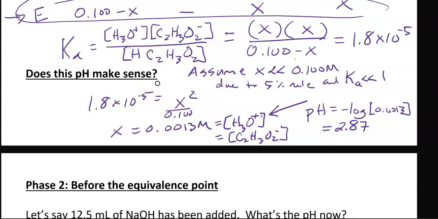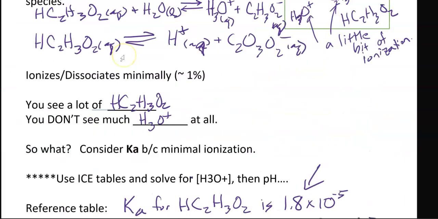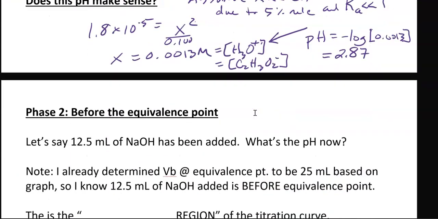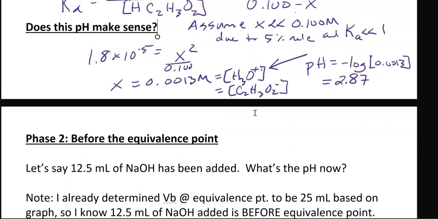Well, if you think about what's happening, initially, we have a weak acid. So we're here. And it would make sense that our pH is in the acid range, but maybe not quite as low as if it were a strong acid. So this is quite acceptable because we have a weak acid, which will have a higher pH normally than a similar molarity strong acid.